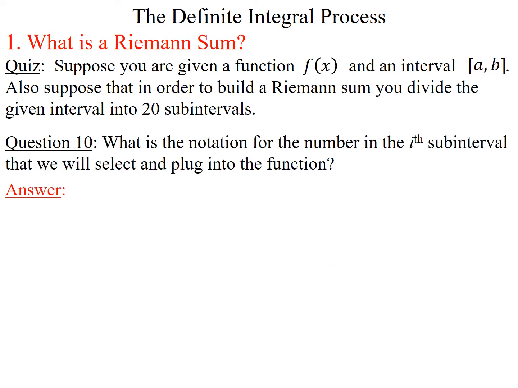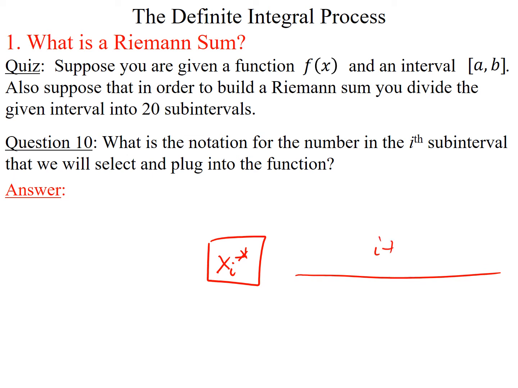What is the notation for the number in the ith interval that we select and plug into the function? Again, the number you select to plug into the function has a star on it. If it was the 5th interval, it would be x5 star. If it's the ith interval, what do you think it is? Yeah, it's going to be xi star. So that's the answer. Hopefully you can get that without a picture.